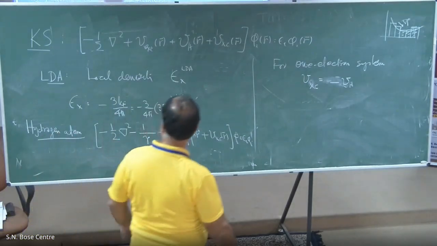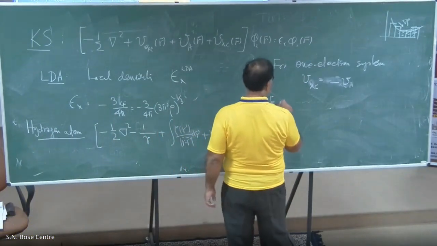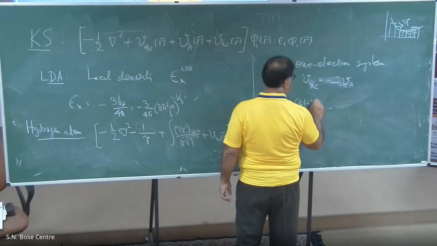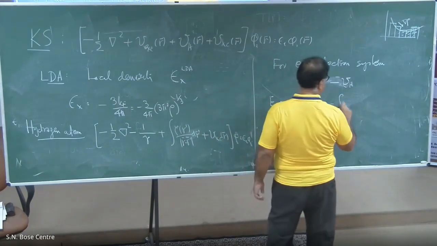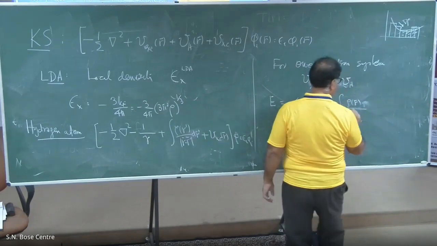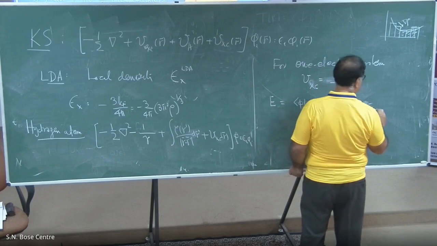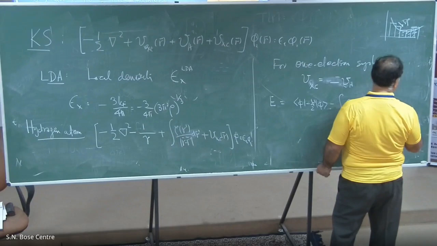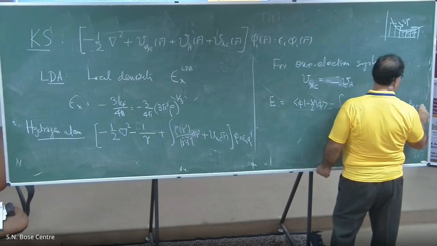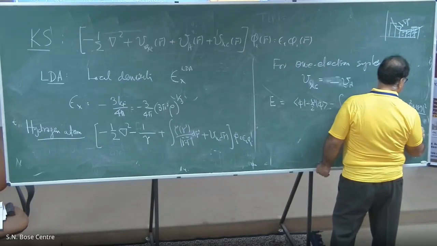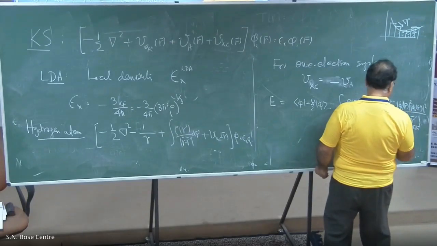Similarly, if I were to write the energy for the hydrogen atom, it will be phi minus 1 half del square phi minus integration rho r over r dr plus 1 half integration. Just write density anyways. This only phi i r prime r square r minus r prime dr prime plus E_xc.